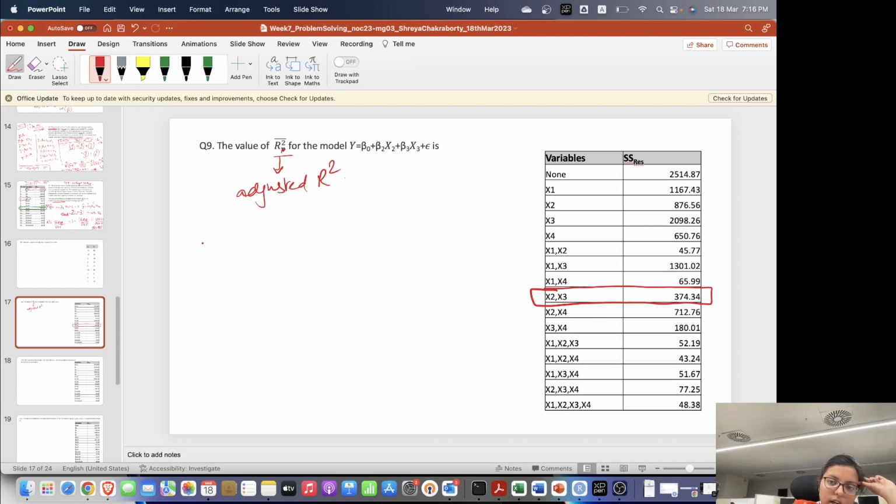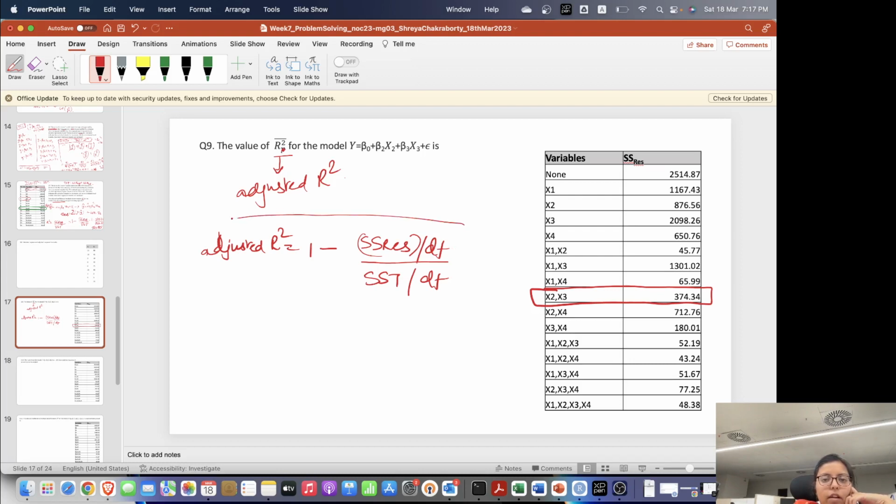Adjusted R square is nothing but 1 minus SS residuals divided by degrees of freedom, by SS total divided by degrees of freedom.